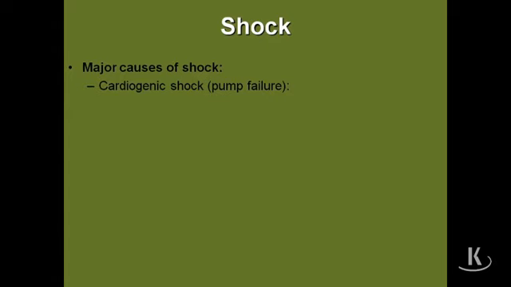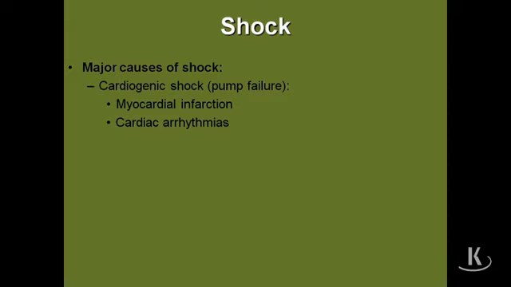Let's look at the major causes of shock. What's going to decrease the ability to perfuse tissue globally throughout the body? One, if the pump fails, we call this cardiogenic shock. What are some causes? If part of the heart dies during a myocardial infarction, if you have an arrhythmia, like from cocaine usage, or if you have an MI that leads to an arrhythmia.